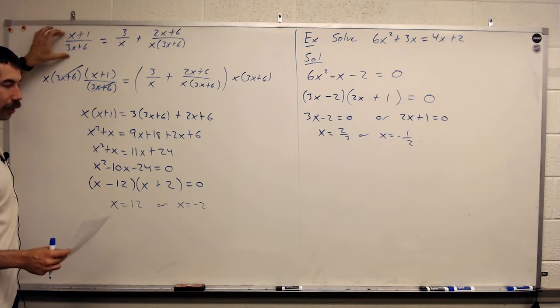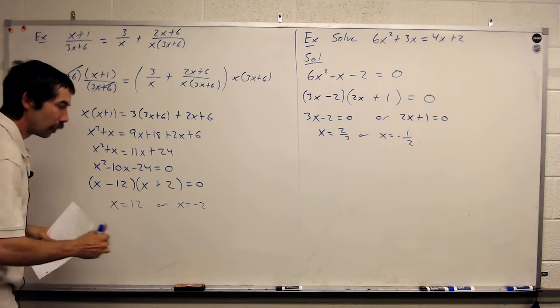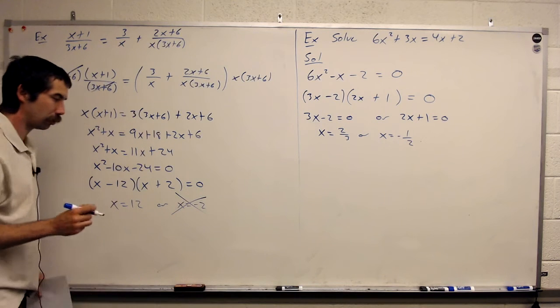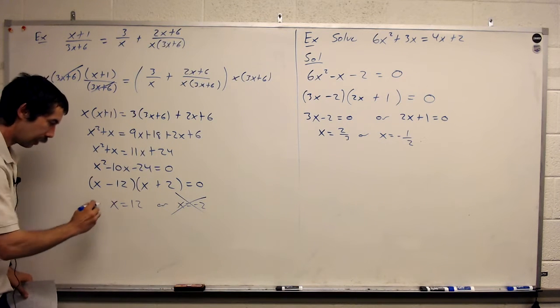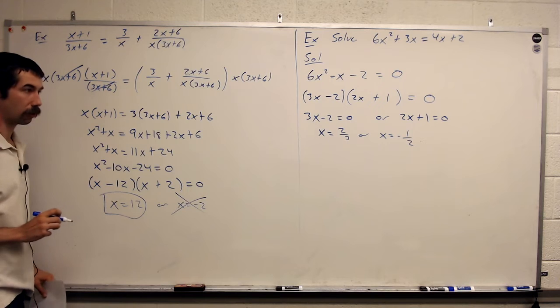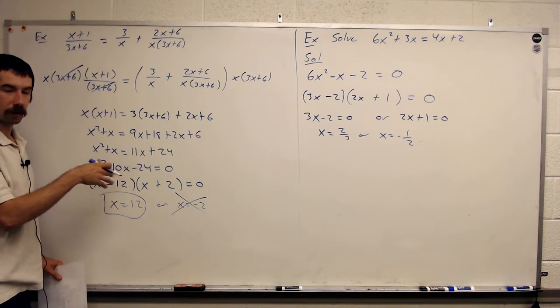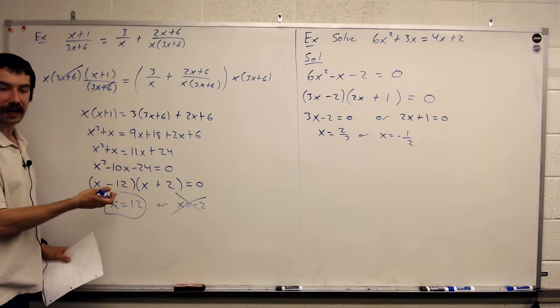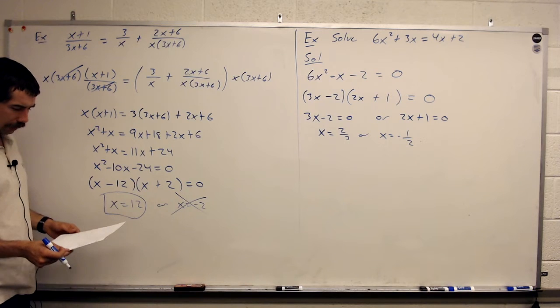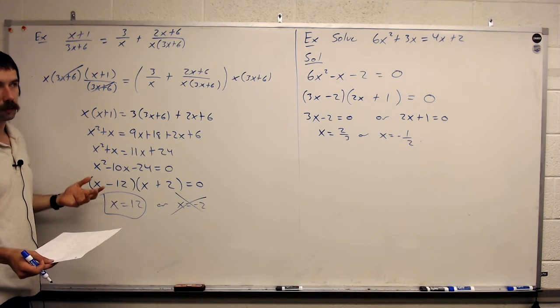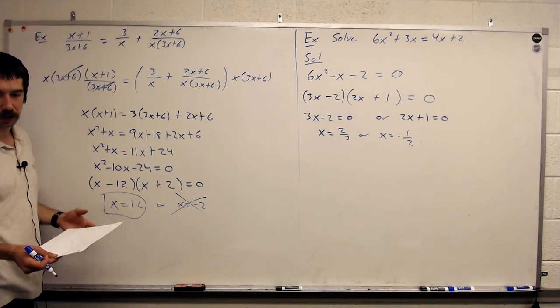This denominator is 0 if we sub in x equals negative 2. That means this is not one of the solutions. X equals 12 is the only solution here. So even though our problem got restated as a quadratic equation, it only had one solution, and that's okay.